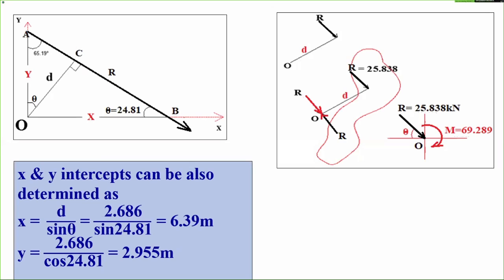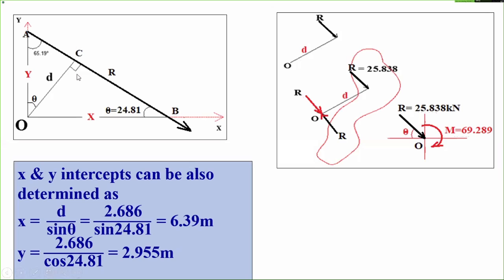In the diagram you can see the first figure. This is our point O, right? And this is the resultant you are getting, and D is the perpendicular distance between the point O and the resultant. We know this answer. Same thing here: this is the resultant, this is the point O, and this is the perpendicular distance D.